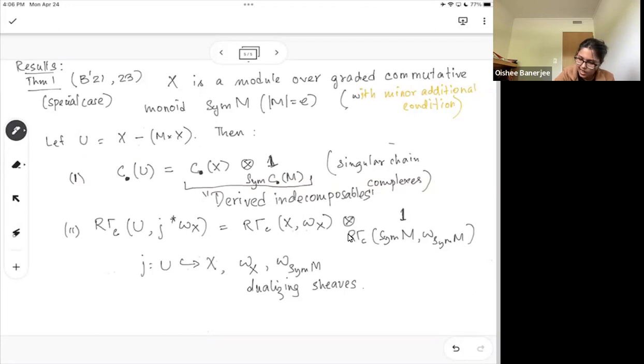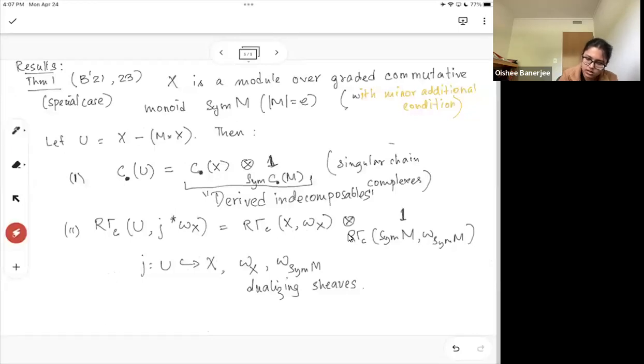And I'm not sure where it first makes an appearance, but the definition that I'm using makes a prominent appearance in Galatius, Kupers, and Randal-Williams' work.